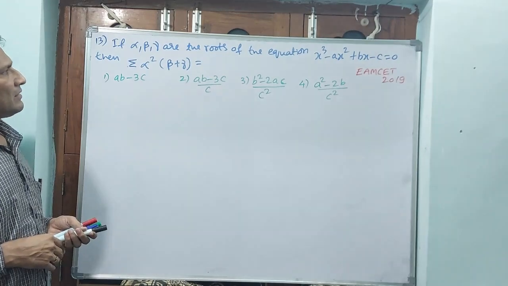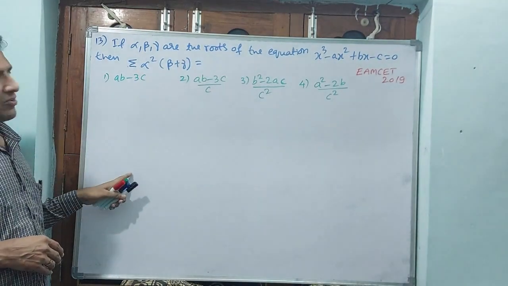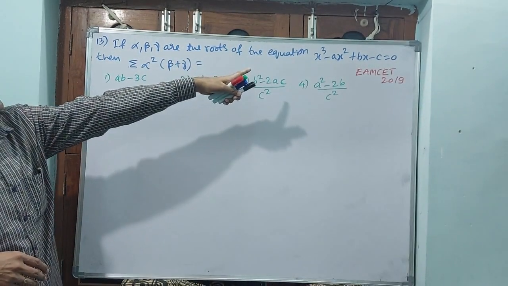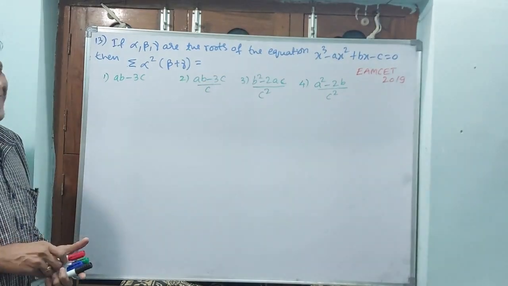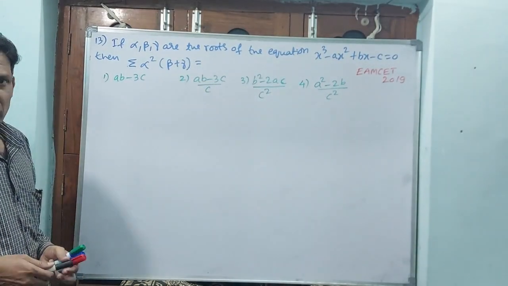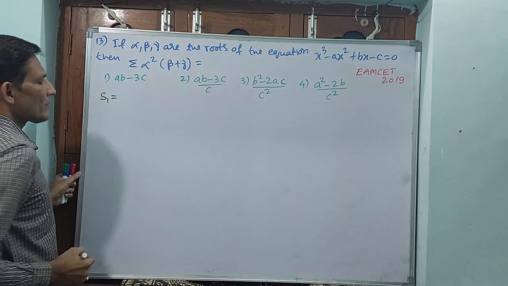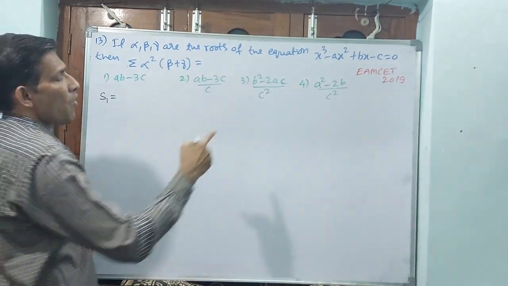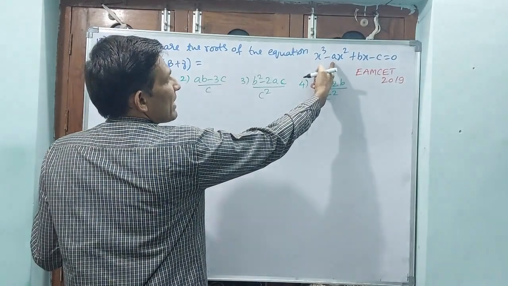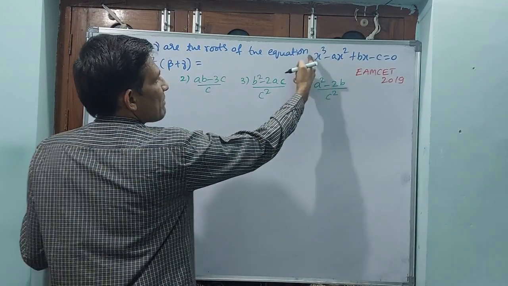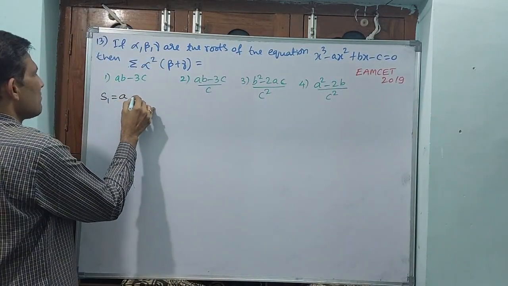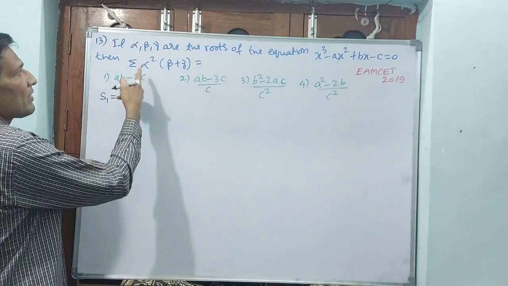First of all, see what this is, and I will write it afterwards. First you take S1, S2, S3 and all. Directly I am writing, you see. S1 is equal to minus of minus a by 1, that means plus a only will come. But this is alpha plus beta plus gamma.